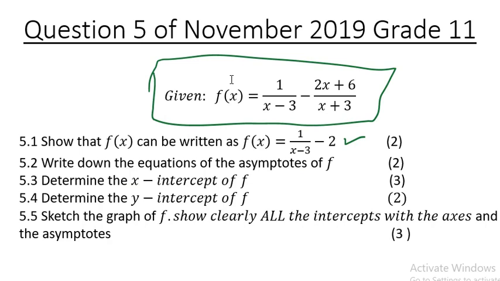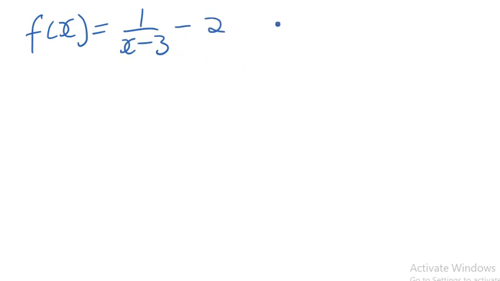We have answered 5.1 and 5.2, so we are going for 5.3. They say determine the x-intercept of f. We have this function, 1 over x minus 3 minus 2, and we must find the x-intercept.